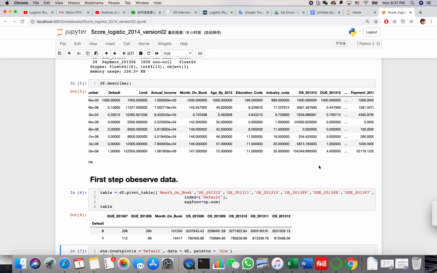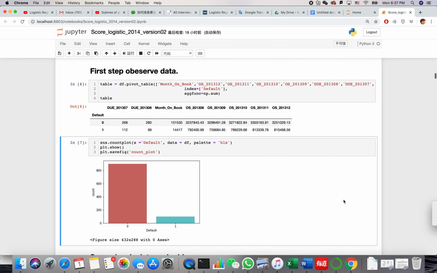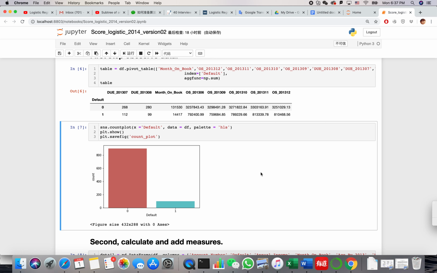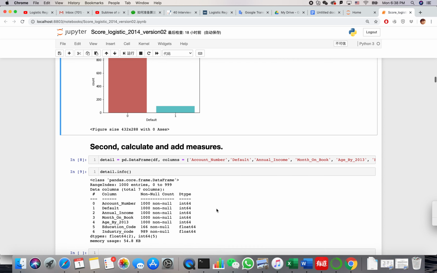So in this situation, we first organize our data. We can see that we have many more samples at 0, but fewer at 1, so it's not a balanced data set.